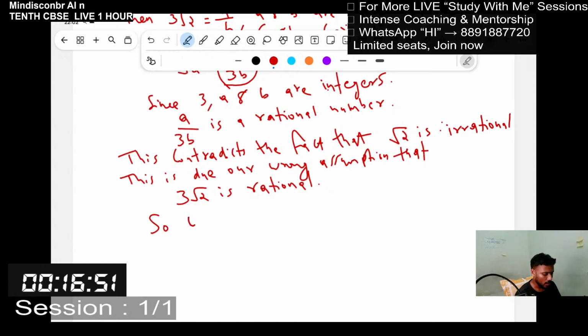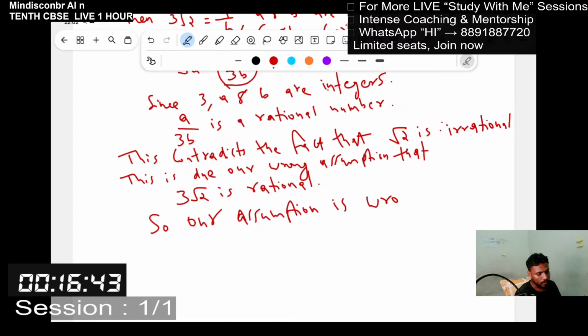So our assumption is wrong. 3 root 2 is irrational.